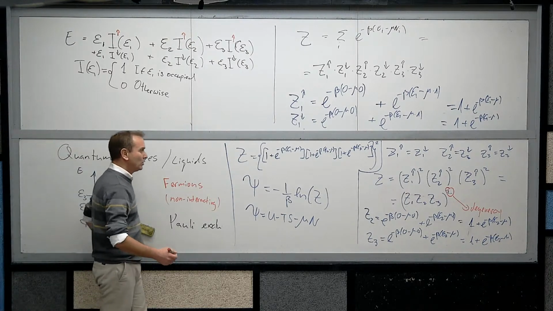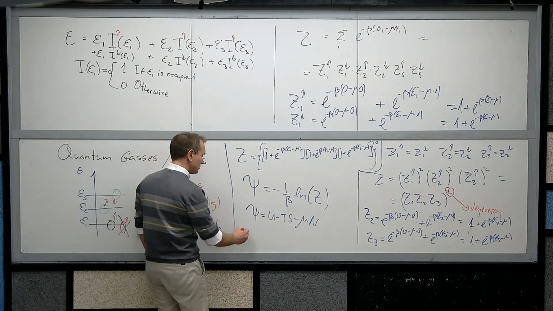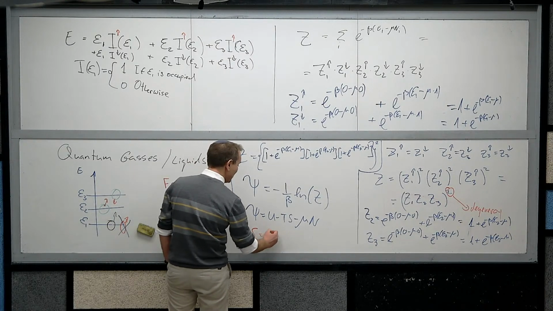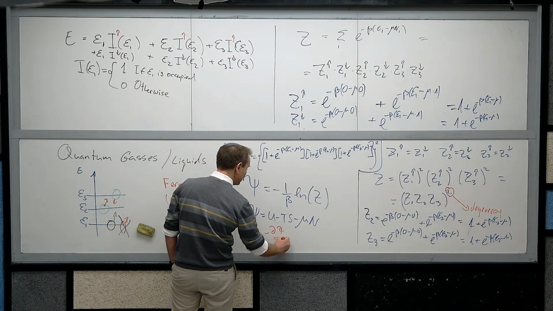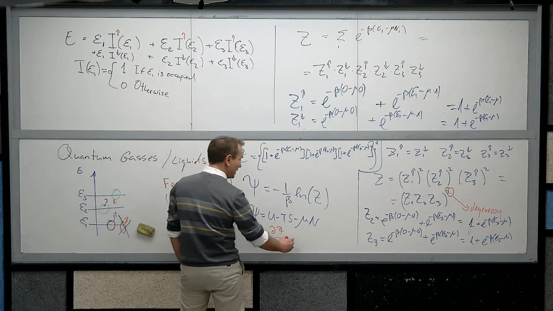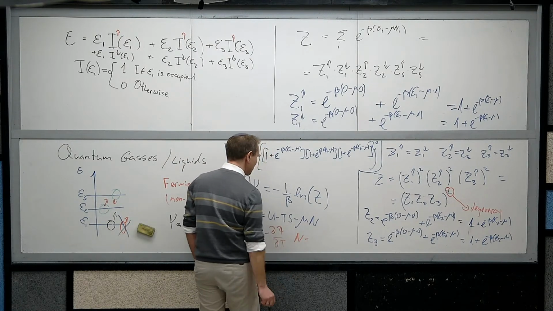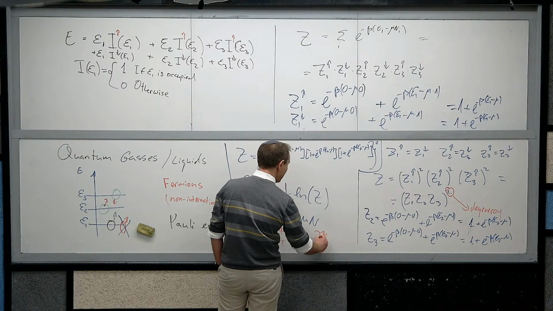For example, you want to compute the entropy: S is going to be minus dpsi over dT. You want to compute the average number of particles: it's going to be minus dpsi over dmu.